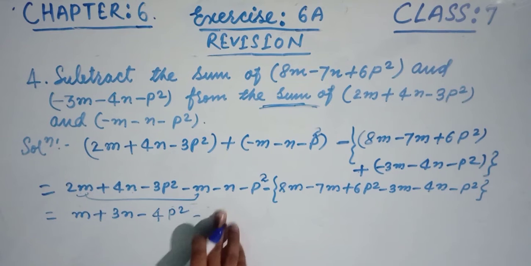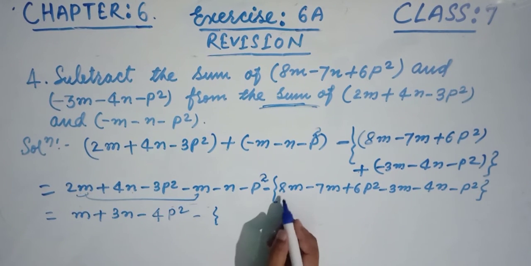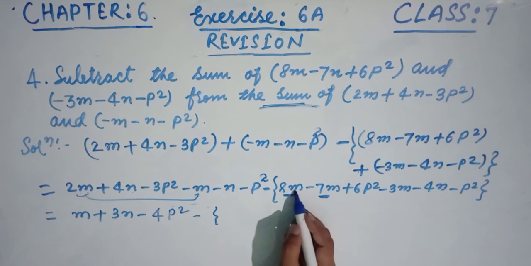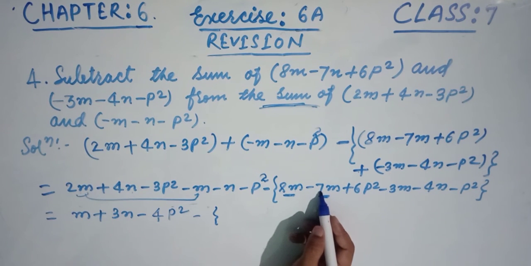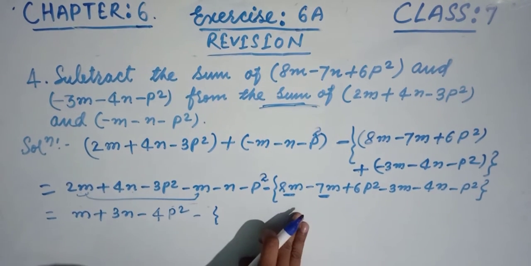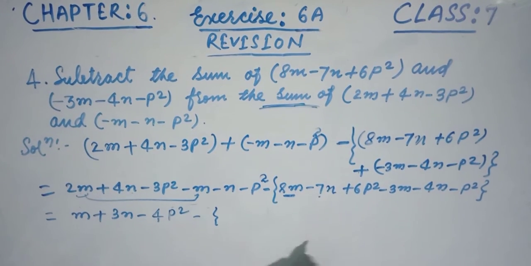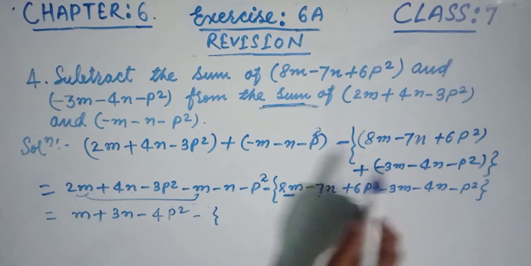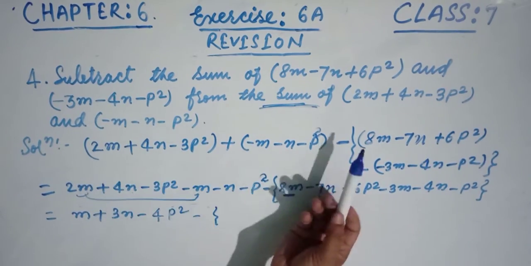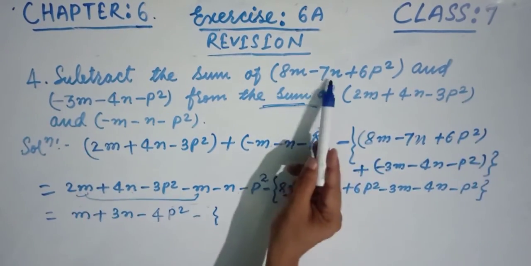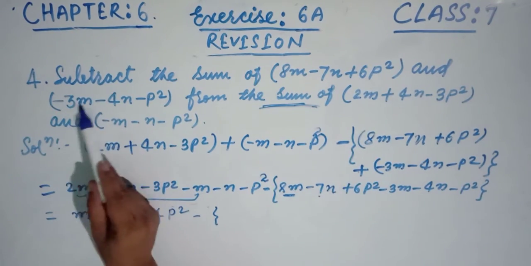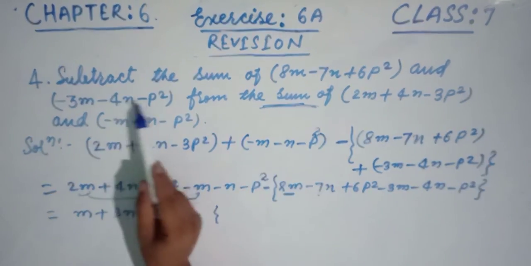Now see friends, either solve inside the bracket, this is 8m, here is the 7m, 8m minus 7m. Just sorry friends, here it should be 7n and I wrote 7m here, it should have been 7n. Okay, please look carefully. 8m minus 7n plus 6p square, and the second term minus 3m minus 4n minus p square.